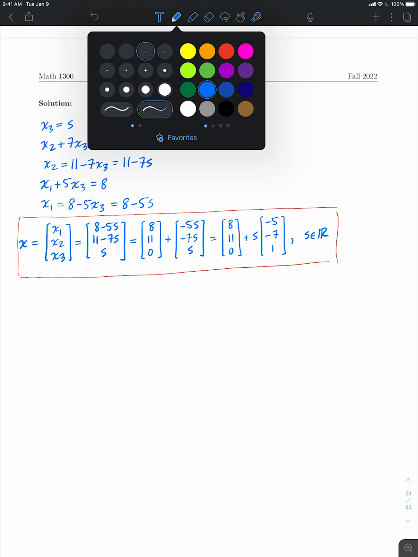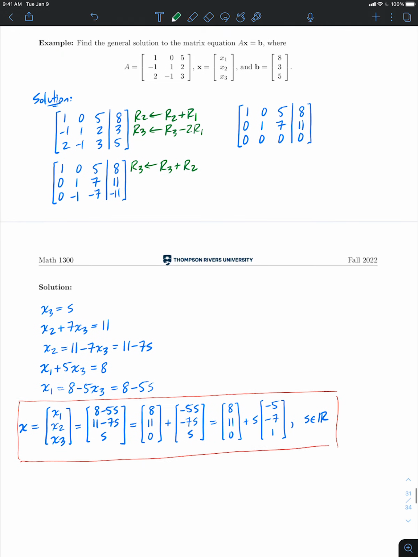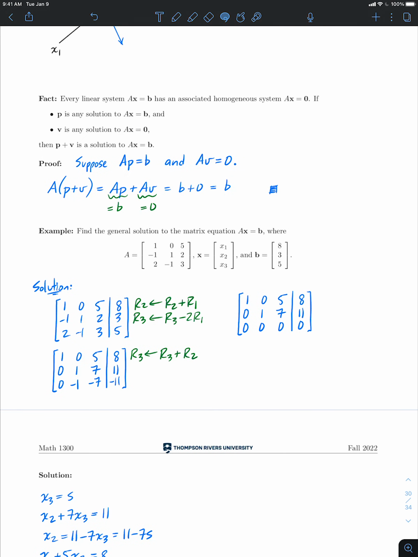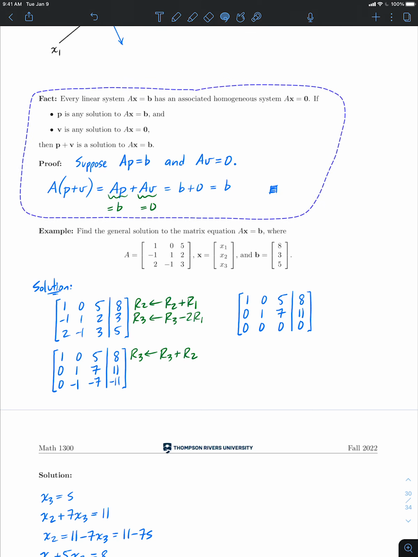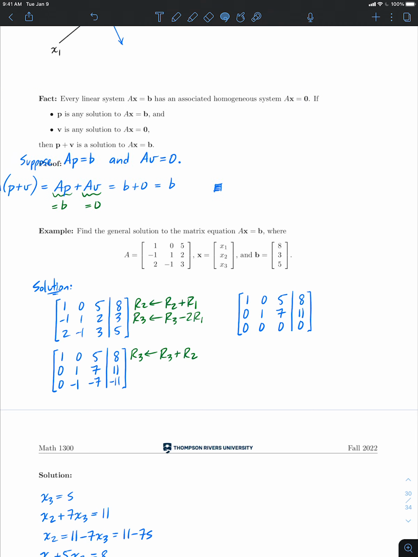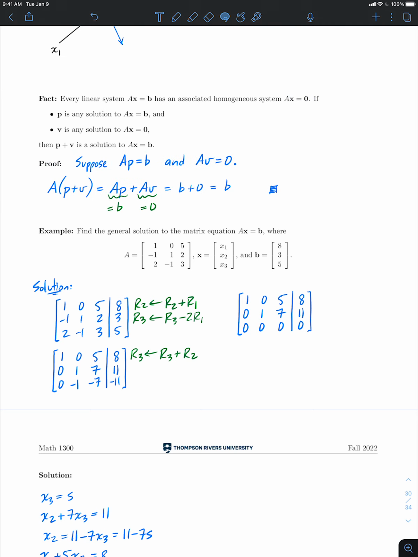And let me write one more comment, just to tie this together with what we set up here. If you add a particular solution to the matrix equation AX equals B to a particular solution to the associated homogeneous system, then the result gives you solutions to the matrix equation AX equals B. But it works the other way too.